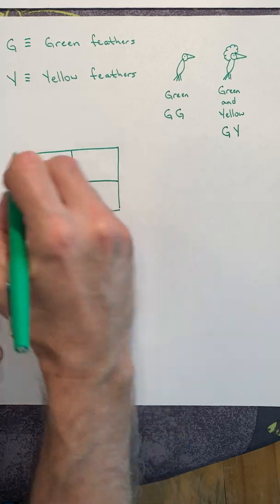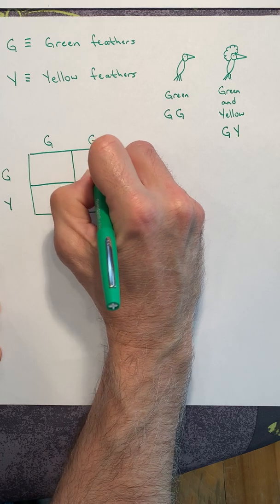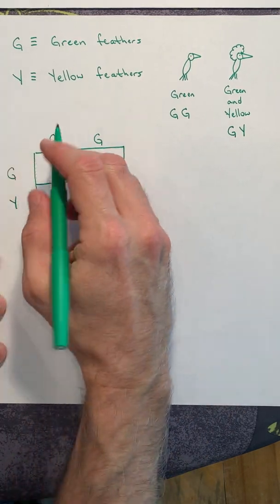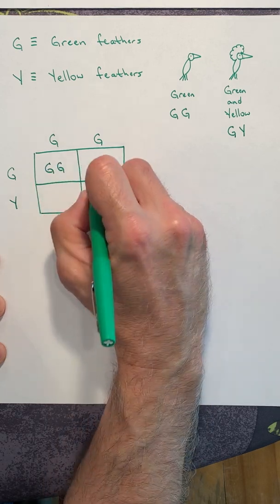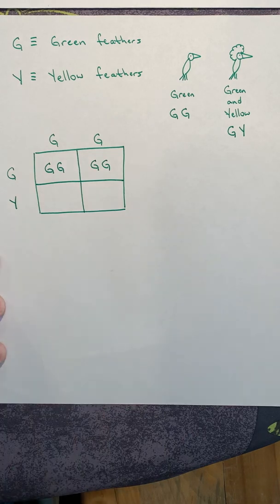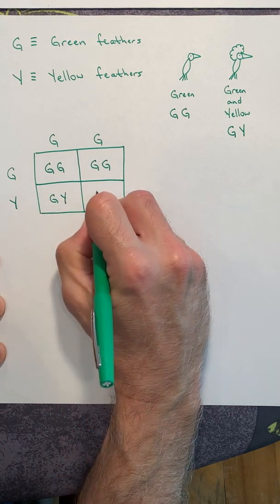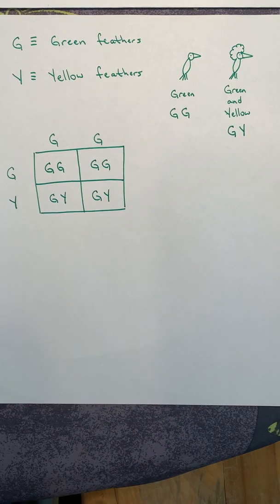So let's put her contribution on the side. He only offers G's. Right? Bring these alleles together. Fertilization could be big G, big G, could be big GY or big GY. So for their children, it's a 50-50 split.